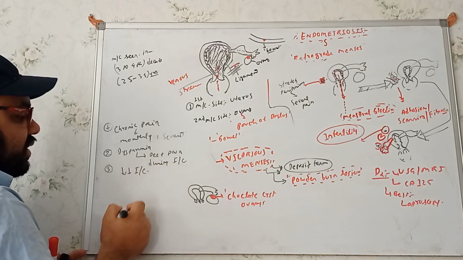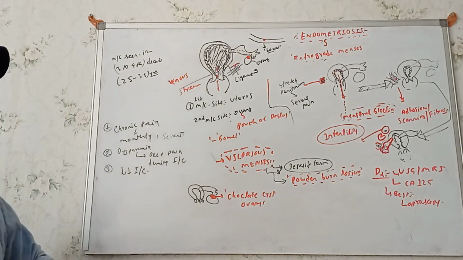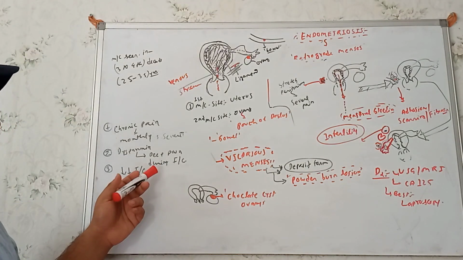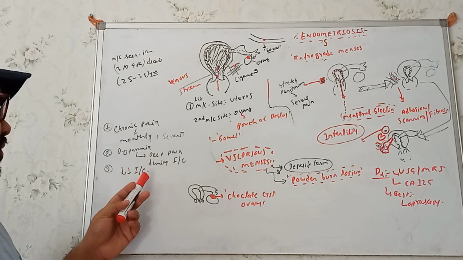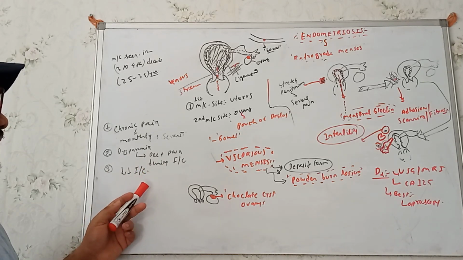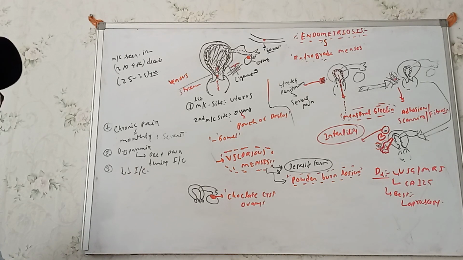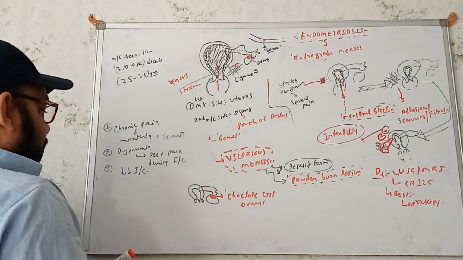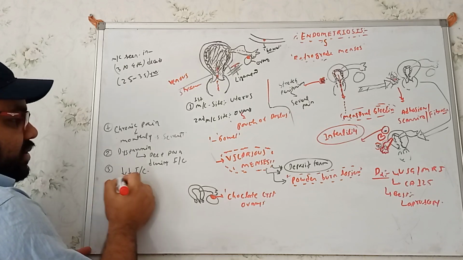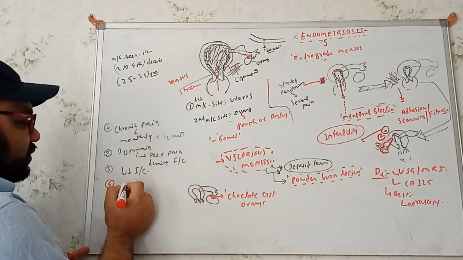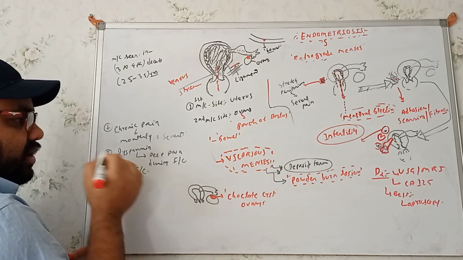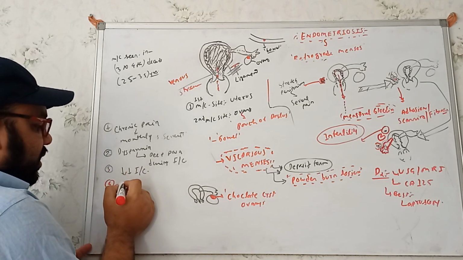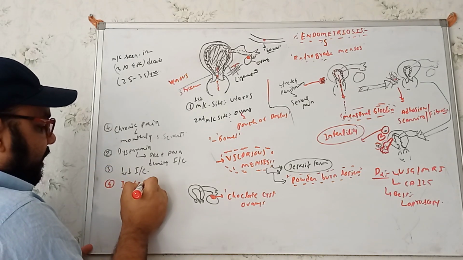Whenever there is deep pain during intercourse, of course the individuals will not be inclined to have intercourse. That's why the frequency of intercourse is reduced. And of course, one of the most important clinical manifestations is infertility.